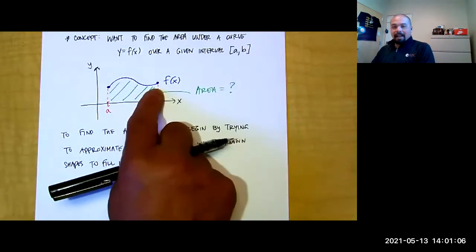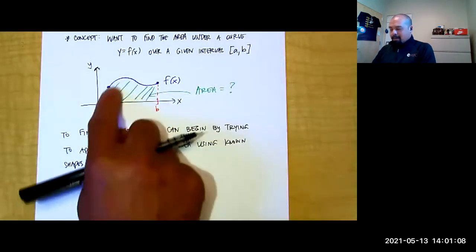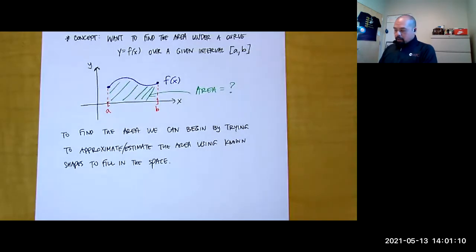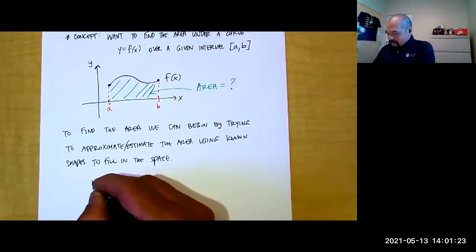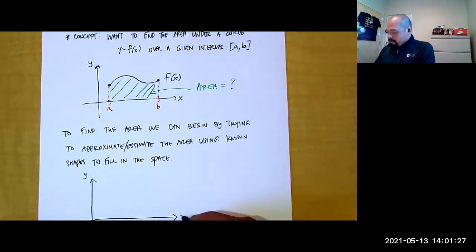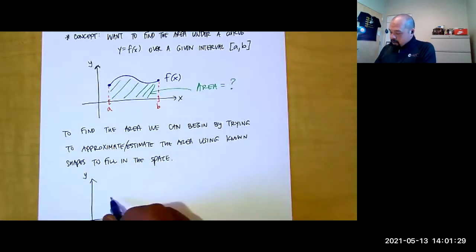Because it's not a nice perfect rectangle, it's not a perfect triangle or circle, so I can't just make my formula and say, okay, there's my area. Our function, our curve, is going to be some gentle curve that's not going to follow a set, known geometric figure. So let's start to do some estimations.